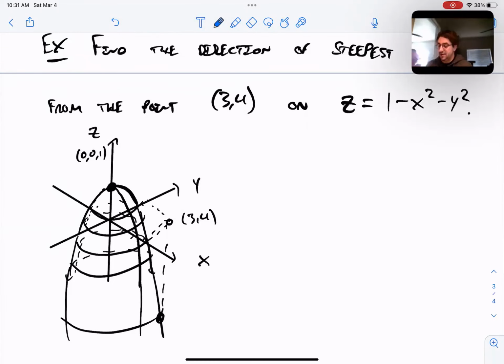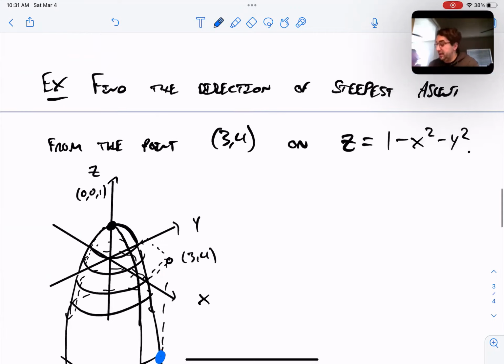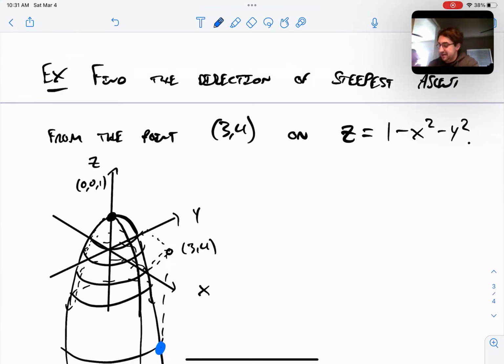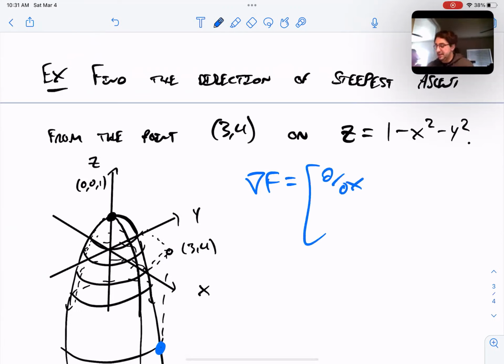So what direction should I walk, this way, this way, this way? Which way should I walk in order to find the steepest uphill if you were standing at that point on the surface? So it's going to be the gradient, like we said by our argument before. So what's the gradient of this? It's going to be partial x of 1 minus x squared minus y squared, partial y of 1 minus x squared minus y squared.